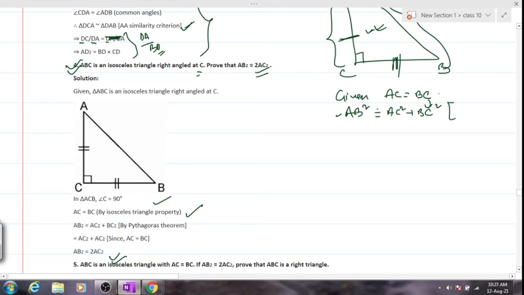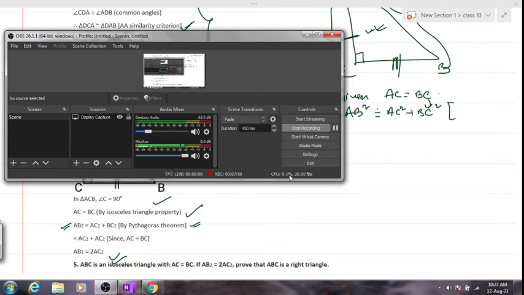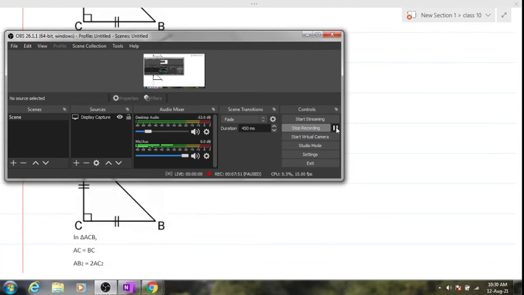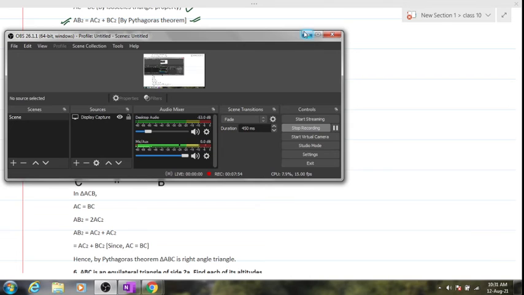This statement needs to be written: isosceles triangle. And whenever you apply the Pythagoras theorem, you have to write the reasons for applying that Pythagoras theorem. Is it clear? Is this numerical clear to everyone? Kindly confirm. Please draw the figure and do the numerical. I'm pausing the video. Every step needs to be written properly, and diagrams also.